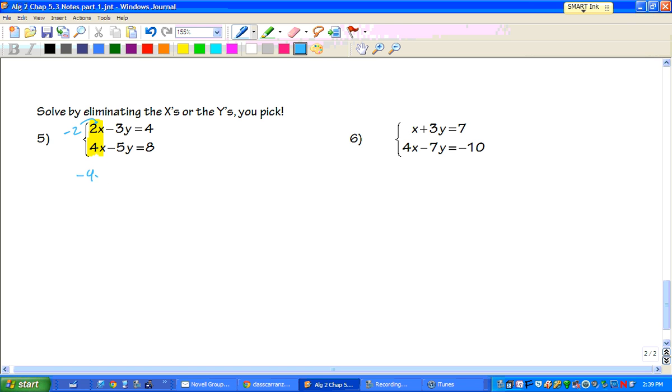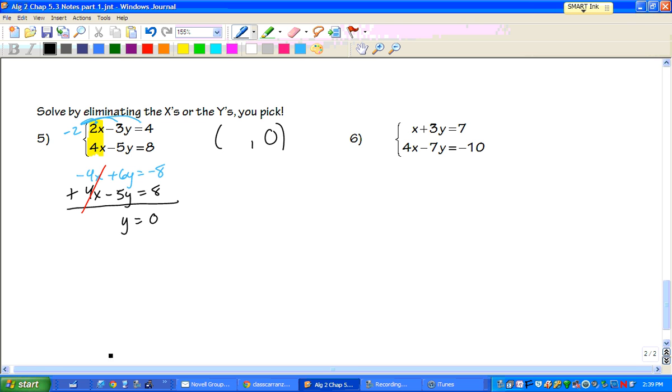Okay? So negative 4x plus 6y equals negative 8. We didn't do anything to the bottom, so it stays the same. The x's cancel. We're left with 1y equals 0.